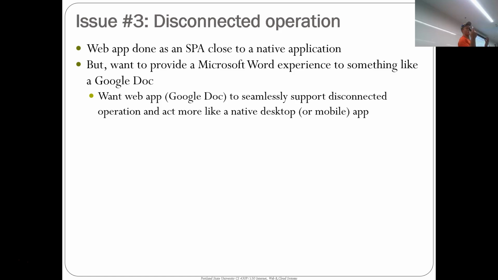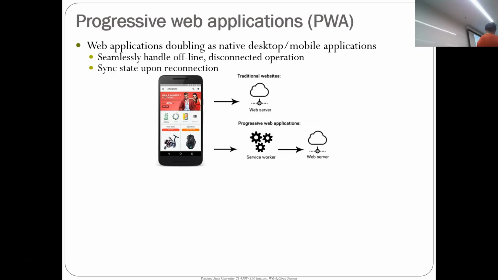So you would like to make your single page app exactly like a native application, with the look and feel of a native application entirely. In order to support a Google Doc looking and feeling like a Microsoft Word experience, you need to handle disconnection. To handle disconnection, this is what progressive web applications are doing.